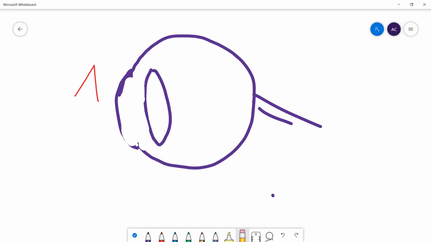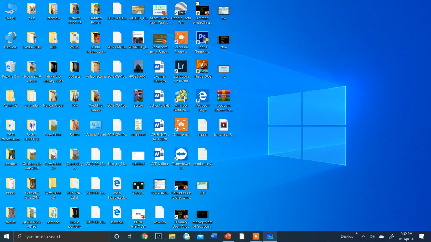I will draw it again like this. Here the angle is open on one side and here the angle is closed. So this is a relatively open angle and inferiorly this is a relatively closed angle. So that is the difference between open angle and closed angle glaucoma.